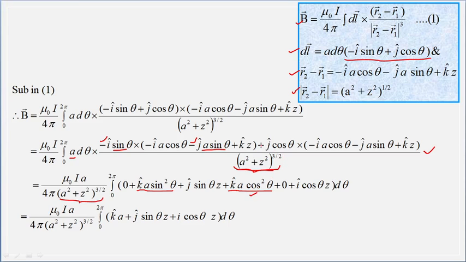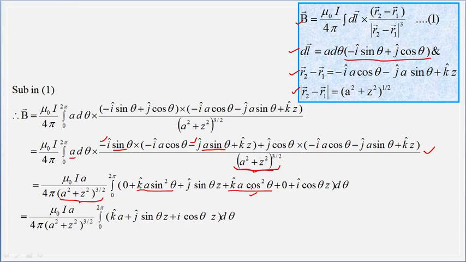Then plus into minus is minus. Then j, see i cross j is k, so j cross i is equal to minus k. So minus plus, you get plus k cap a cos square theta. What we have done here is plus into minus, j cross i is minus k, so minus plus, so plus k cap.